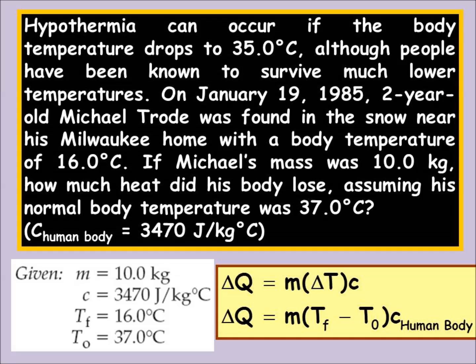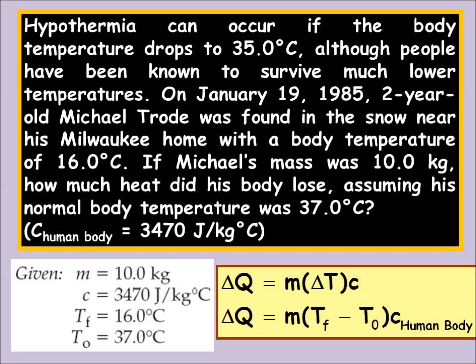Although people have been known to survive much lower temperatures, on January 19, 1985, 2-year-old Michael Trode was found in snow near his home in Milwaukee with a body temperature of 16 degrees Celsius. If Michael's mass was 10 kilograms, how much heat did his body lose, assuming his normal body temperature of 37 degrees Celsius?